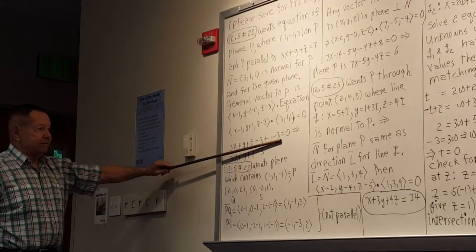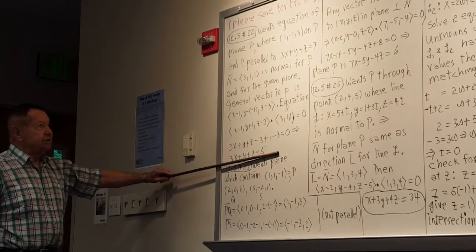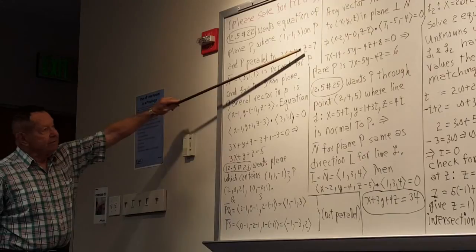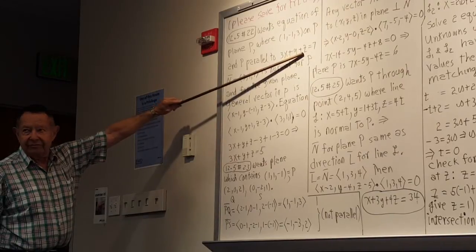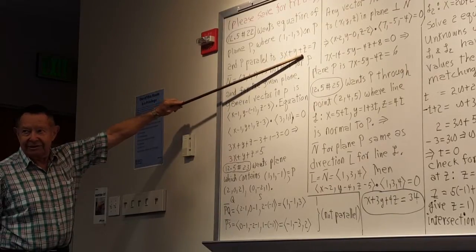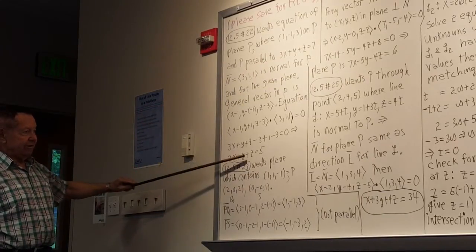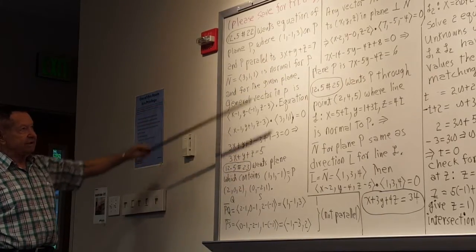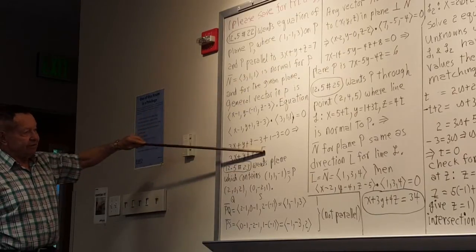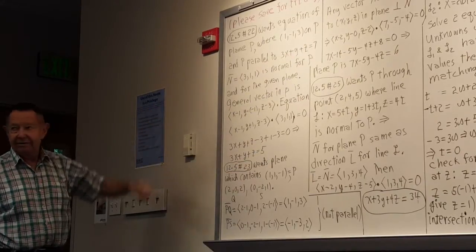Then if you work this out, what you get is the same on the left. They're parallel, so they have the same normal, so they have the same coefficients on x, y, and z. And the difference is in the d value.